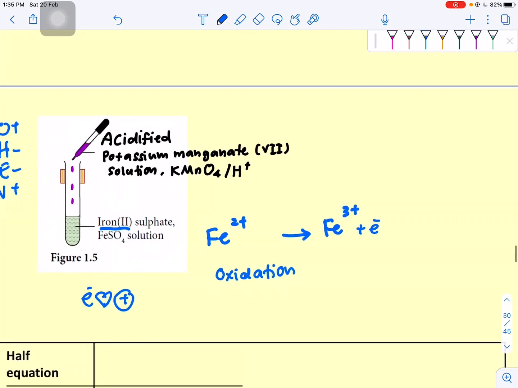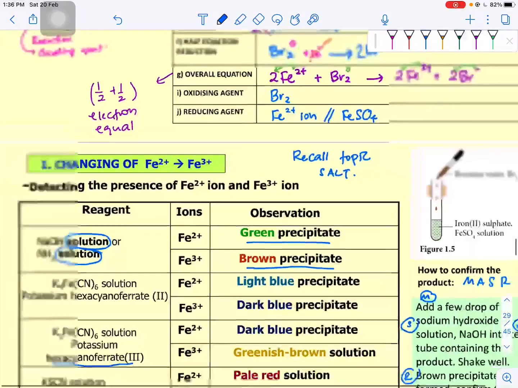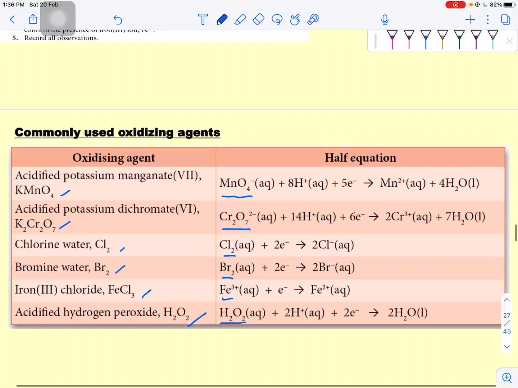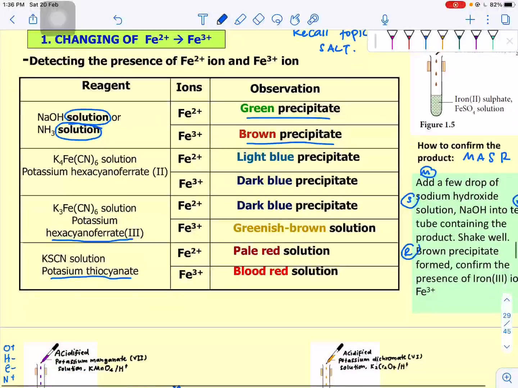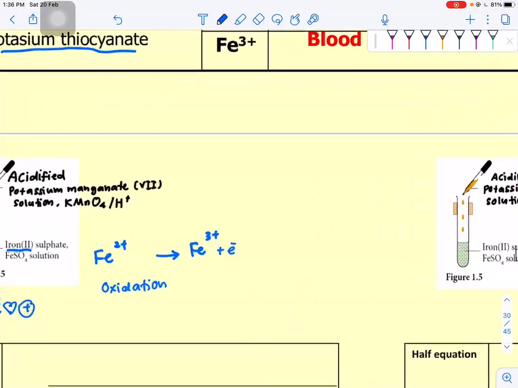Okay. And then acidified potassium manganate 7 solution, where we need to focus. If we look at our previous notes, I already give the note just now. Acidified potassium manganate 7 solution, we focus on MnO4 negative. So I'm going to teach you how to write the half equation.